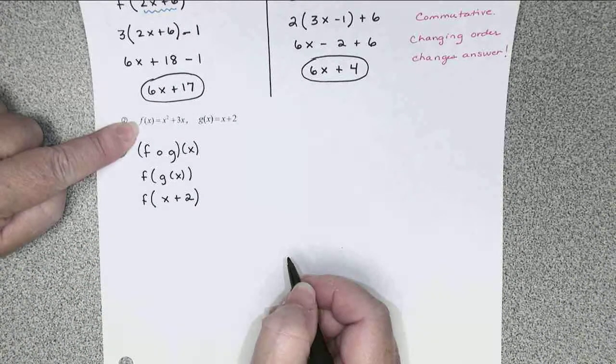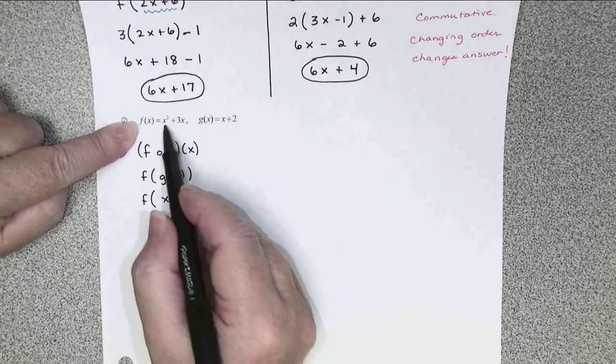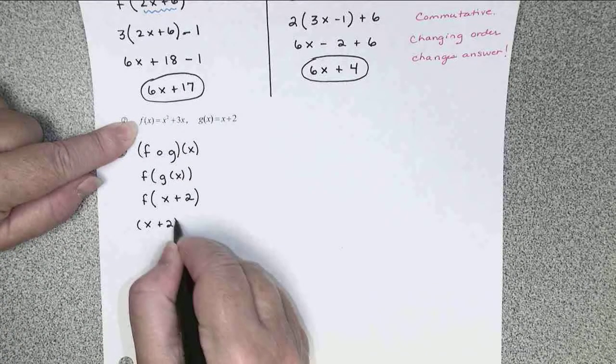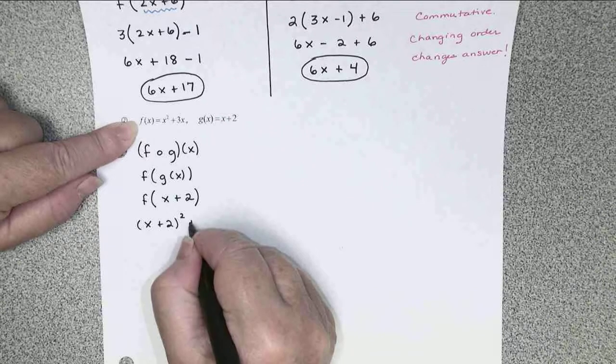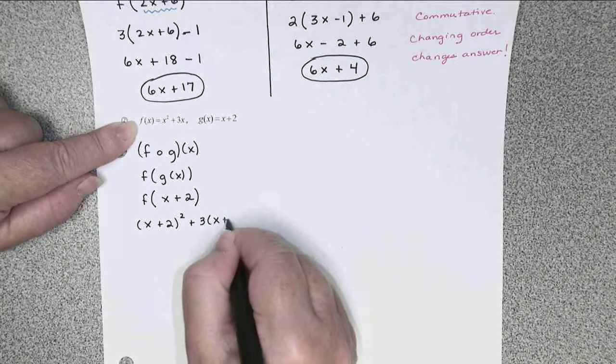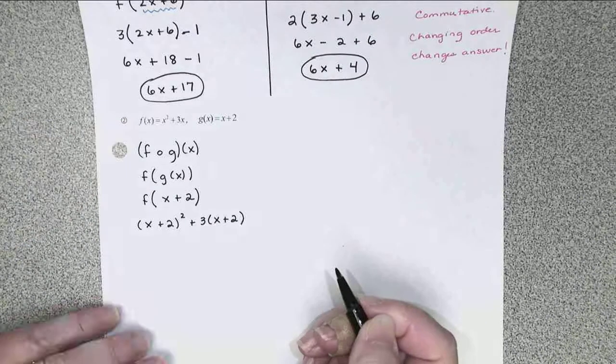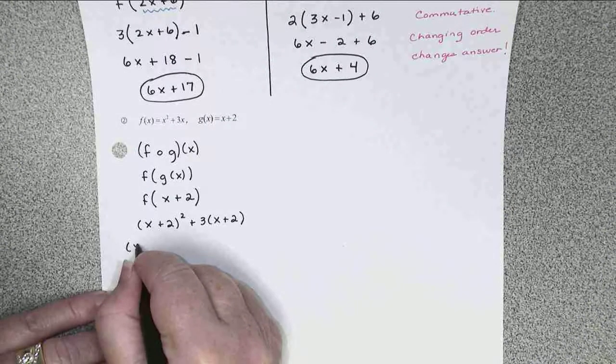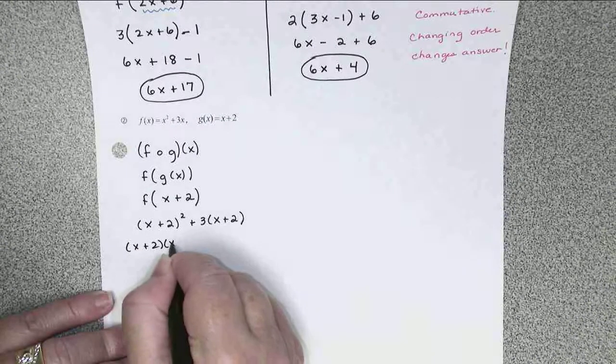I plug the x plus 2 in for the x's in f, and I have x plus 2 squared plus 3 times x plus 2. X plus 2 squared, remember, is really x plus 2 times itself.